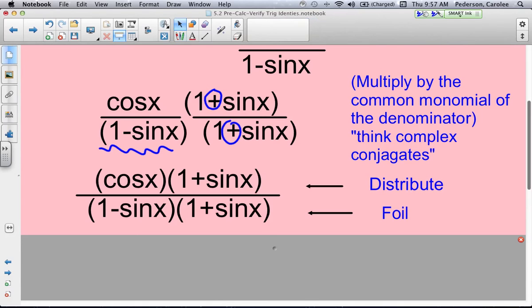We're going to distribute this numerator. So when we distribute it, we multiply the cosine of x times 1, and then the cosine of x times the sine of x. In the denominator, we FOIL, but since they're complex conjugates, the middles cancel out, so it saves us some time.